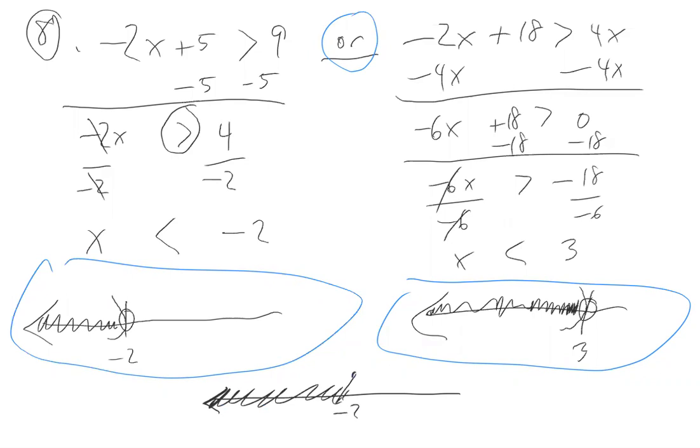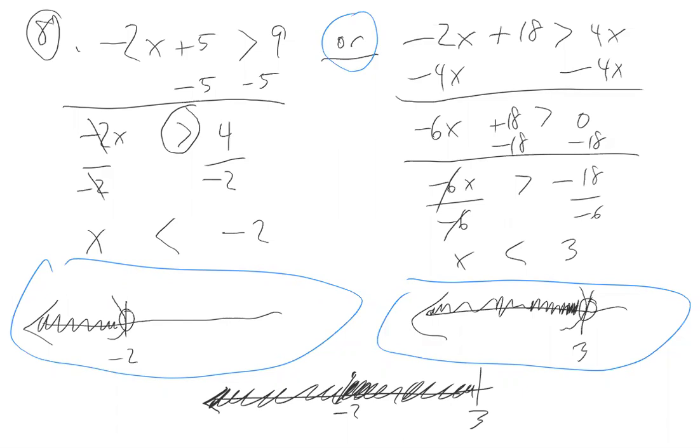But then I'm also going to put on all the numbers that are less than 3. So I have to keep on going, until I get to 3. Now notice, the numbers that are less than 3 go past the numbers that are less than negative 2.